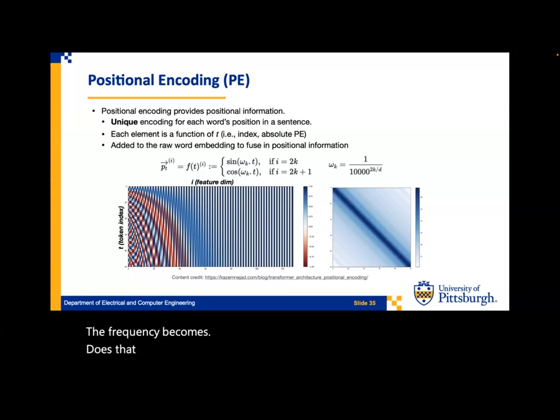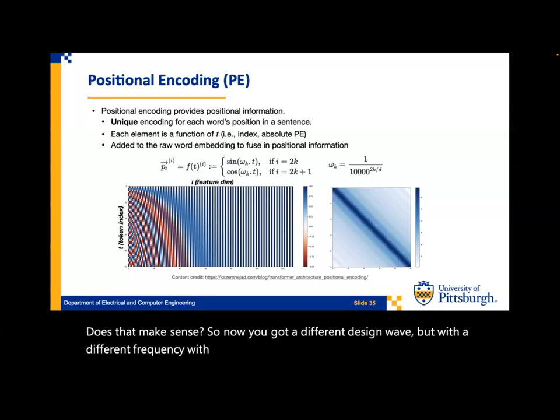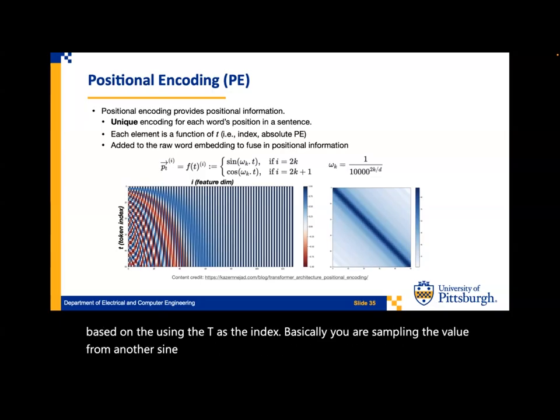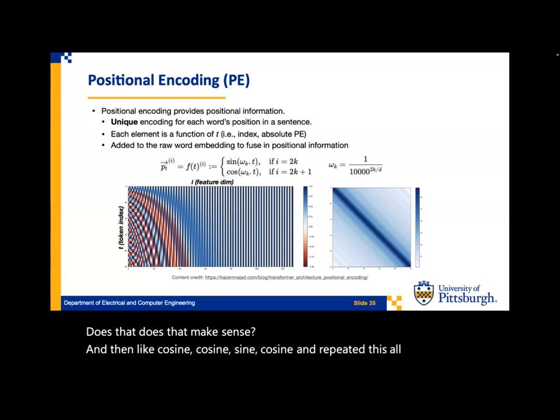So now you got a different sine wave, with a slower frequency. And then again, using t as the index, you are sampling the value from another sine wave with a slower, smaller frequency. Does that make sense? And then sine, cosine, sine, cosine, and repeat this all the way to the last dimension.